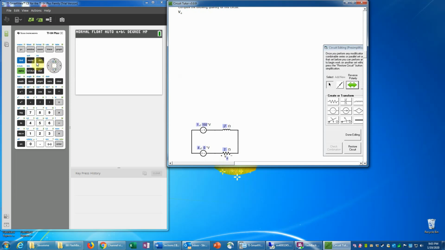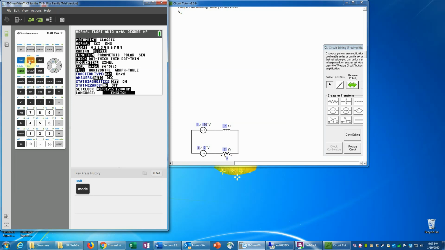Now, just to remind you, in order to do any calculations with complex numbers, it's vital to make sure that we are in a complex mode. Otherwise, it will not give you any correct answer at all. So we go into mode on the calculator, and by default, you would be in this real mode down here. This would be highlighted, in which case it's not going to work.